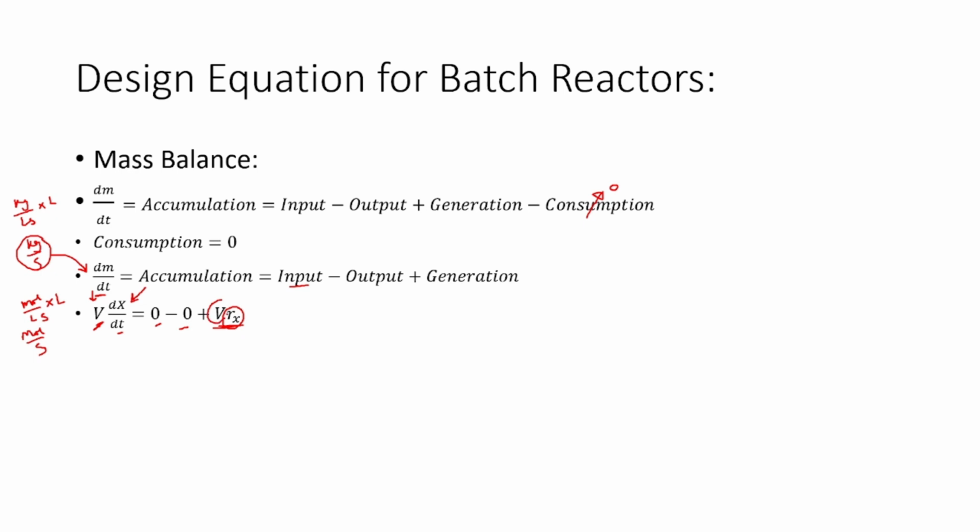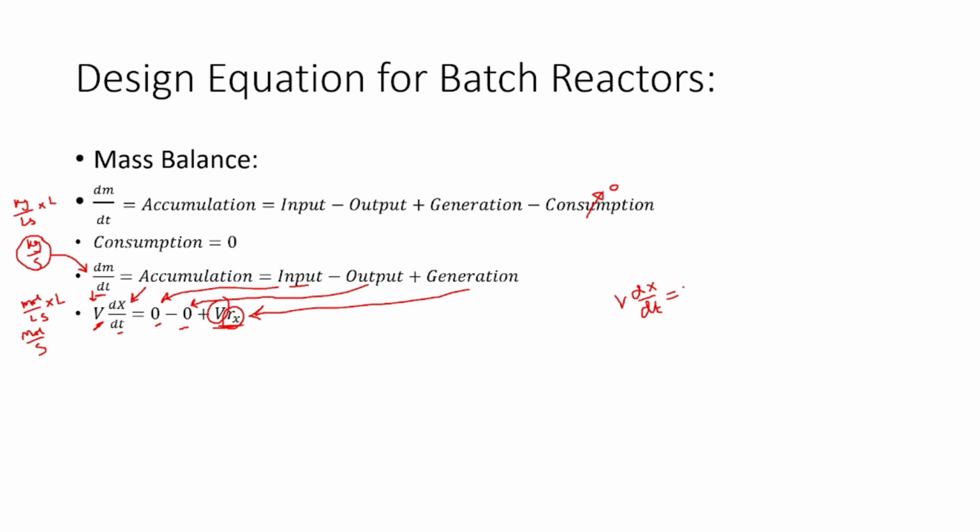So what you are getting is V dx/dt is basically V into rx.